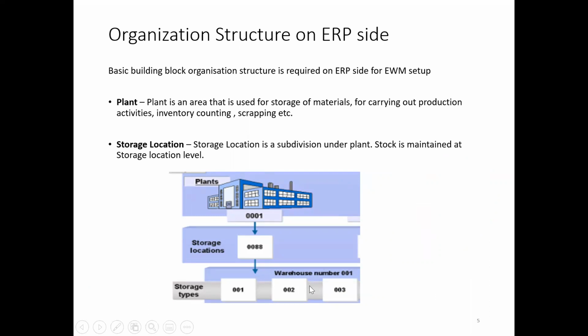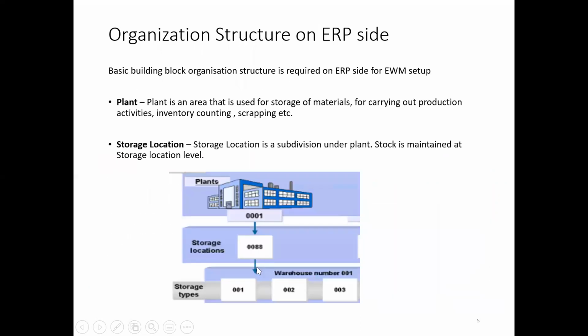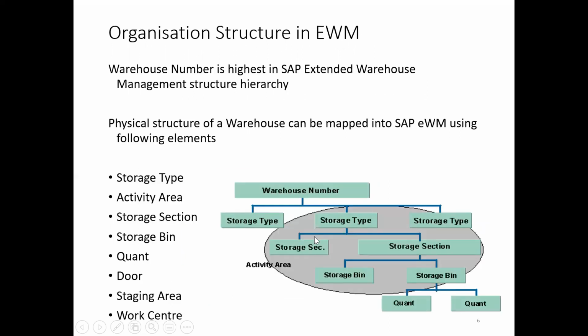So this is the organization structure in the EWM. You can see the warehouse is attached to the plant and storage location, but it is further subdivided into different structural elements, that is the storage type, storage section, storage bin, and then the quant.